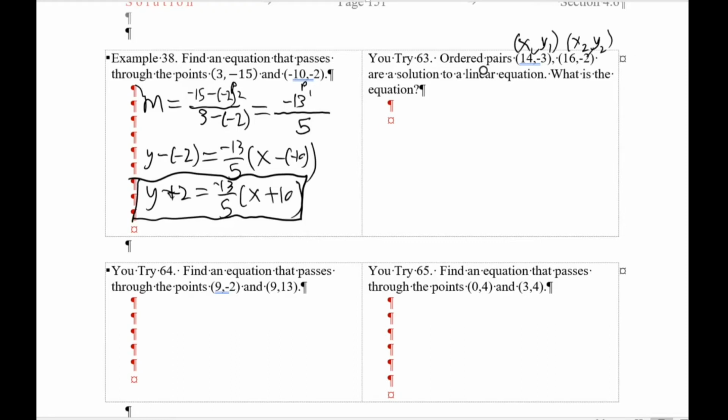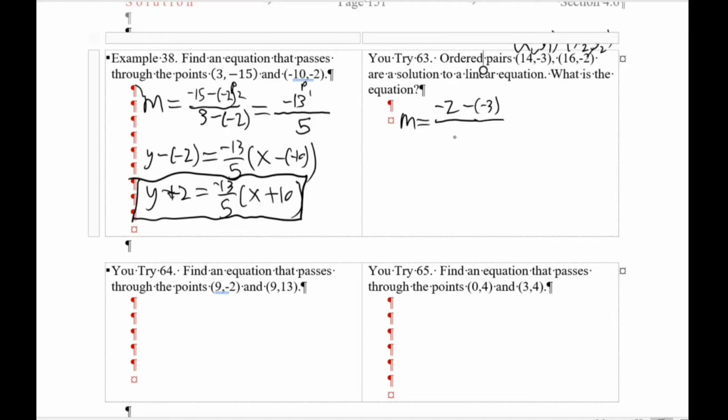So I labeled my points from left to right. m equals the difference of y, which is negative 2, minus negative 3, all over x2, 16, minus x1, which would be 14. My denominator is positive, as it should be. And here I could take negative 2 and subtract negative 3, so add 3 to it, I'm left with 1, so the slope is 1/2.